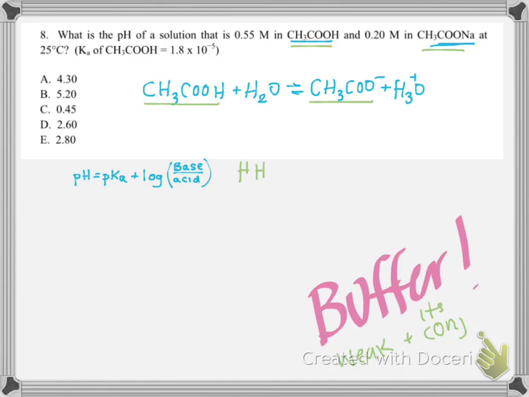So we need to start by figuring out what our pKa is. So we know that pKa is going to be equal to the negative log of the Ka, which is this 1.8 times 10 to the negative 5.